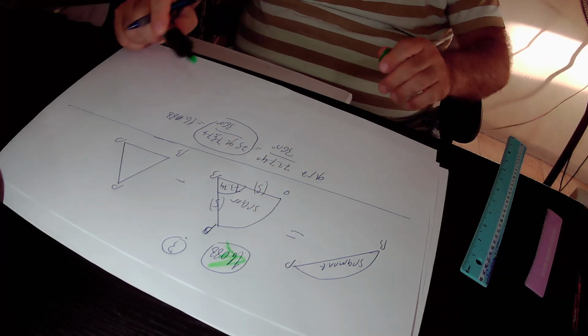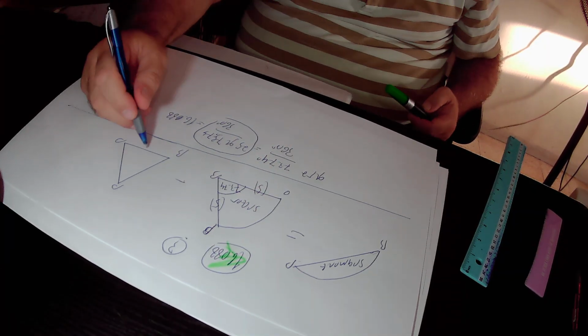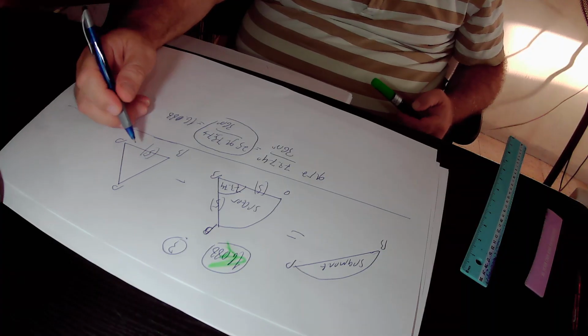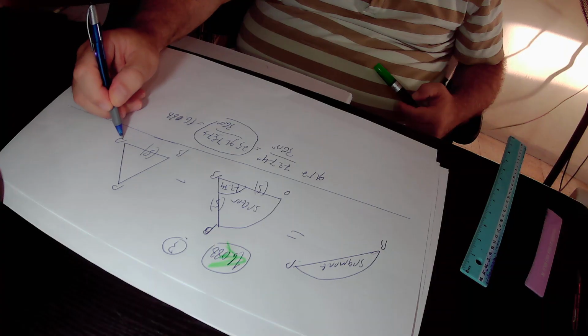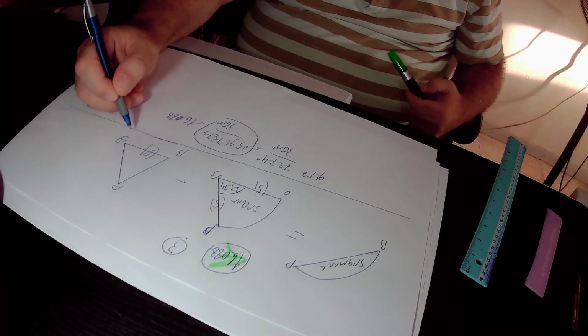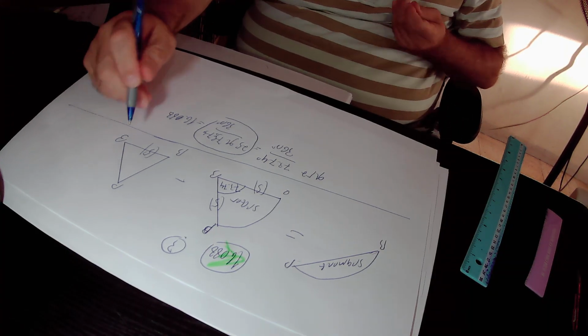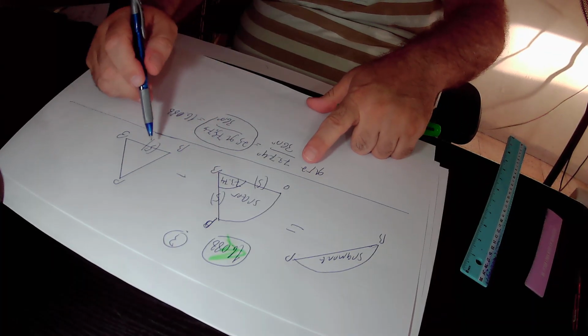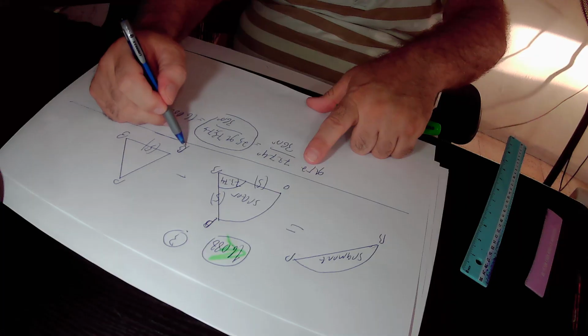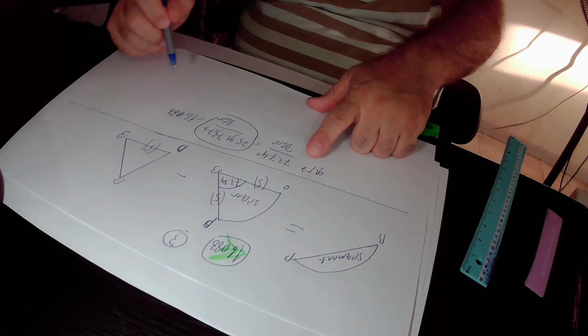Minus the area of this triangle BOP. BO equals 5. Actually, this is triangle POB.